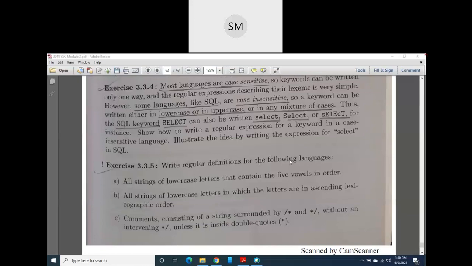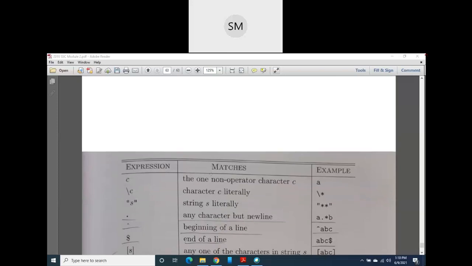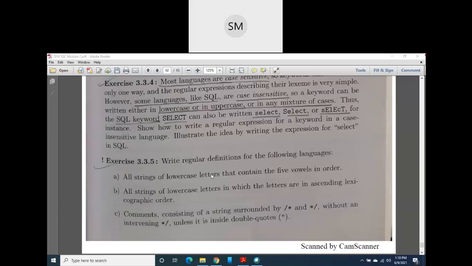Next, some regular definitions are there for languages. They will give us languages, but we have to write a regular definition. Okay, so what are those languages and for which should we write regular definitions? The first one is all strings of lowercase letters that contain the 5 vowels in order.